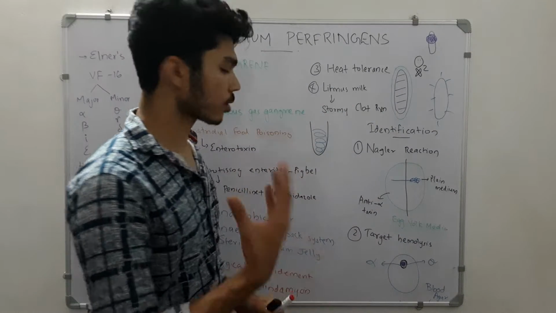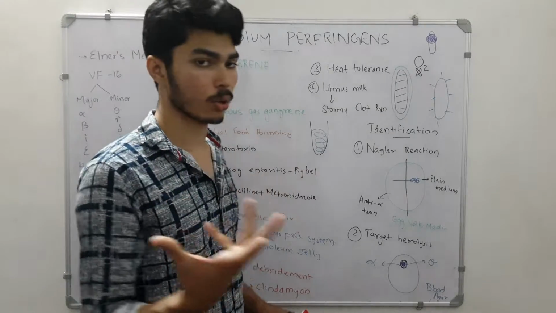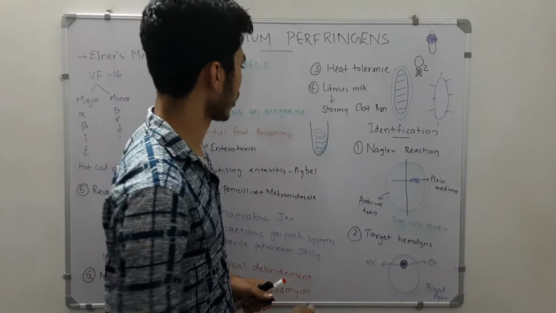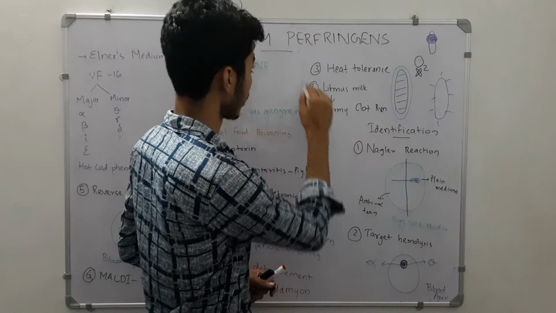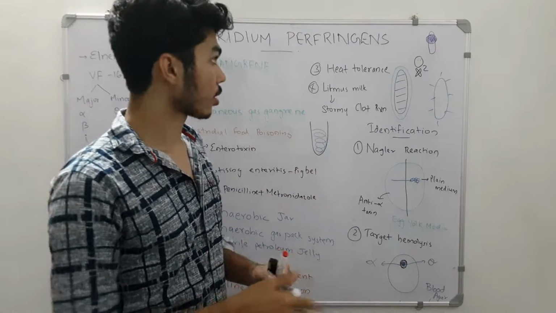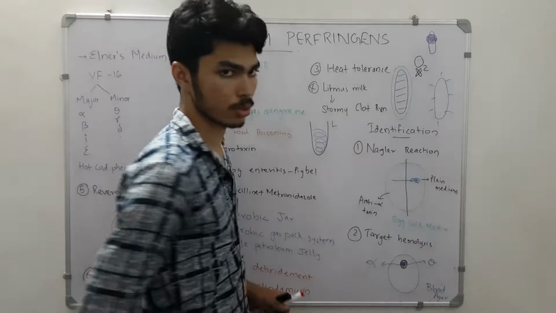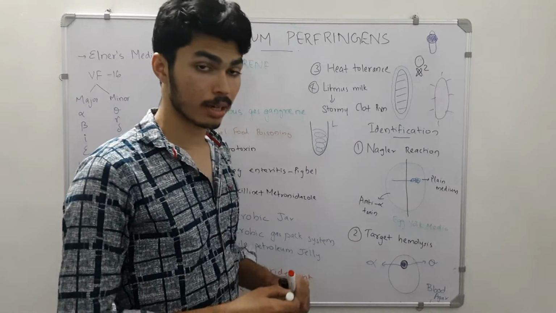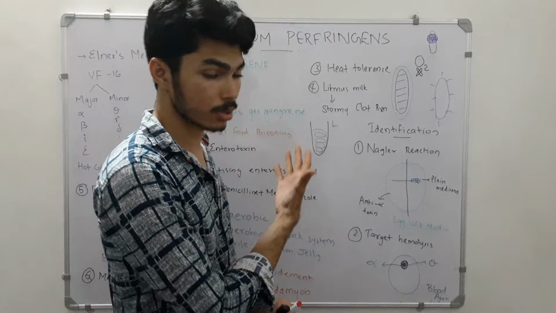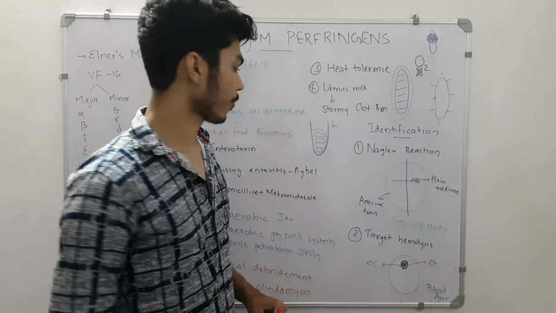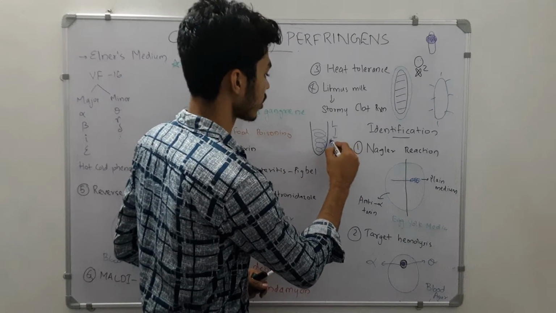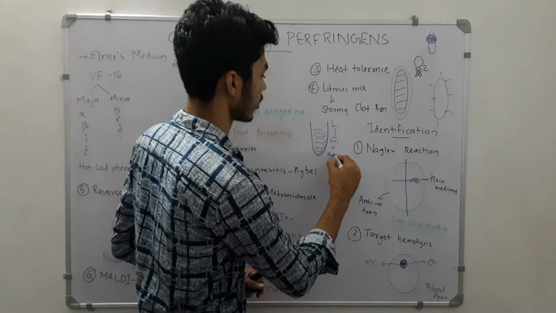Here there is lactose, and that lactose will be fermented by Clostridium perfringens, producing gas and acid.